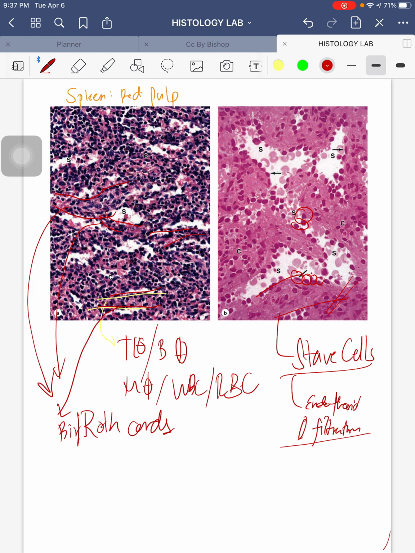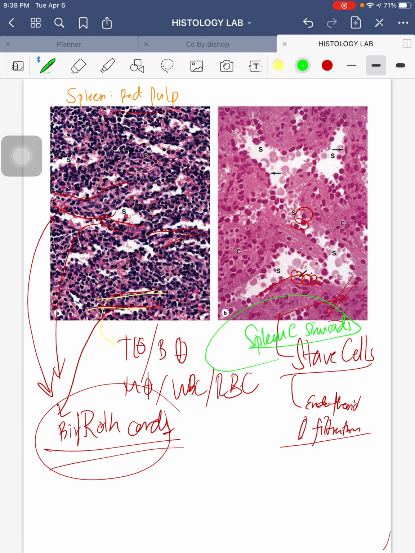Old RBCs are not allowed to pass through and re-enter circulation; they're taken in, engulfed, and broken down in the spleen. Again, these are the two things you can see under splenic sinusoids in your red pulp. Okay, that's all. Thank you.